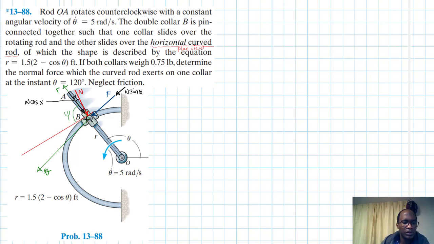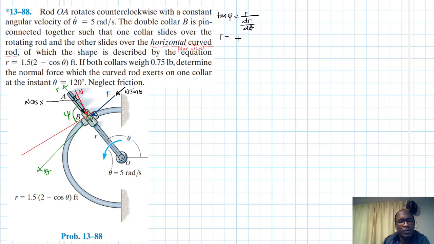So we said this one is psi. Tan psi is just equal to r divided by dr/d theta.